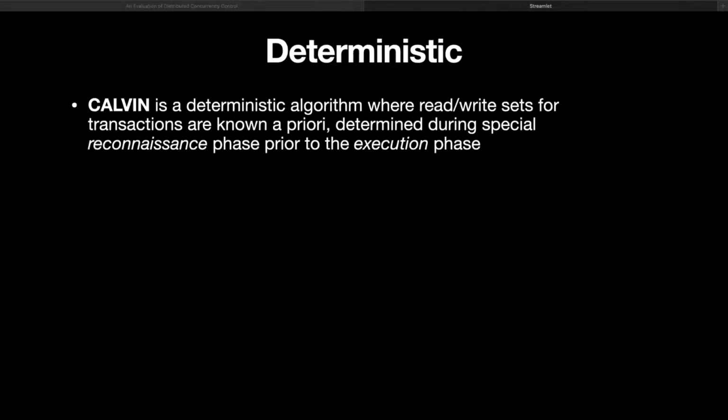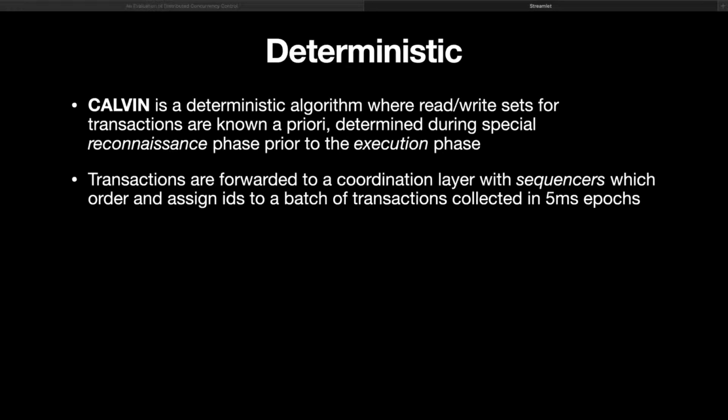The last one is deterministic, which is the exact opposite of OCC, where you look at the read-write sets for the transactions before you do anything. Before you even start a transaction, you run a reconnaissance phase in which you map the transactions to the partitions and try to establish an order in which the transactions would be executed.